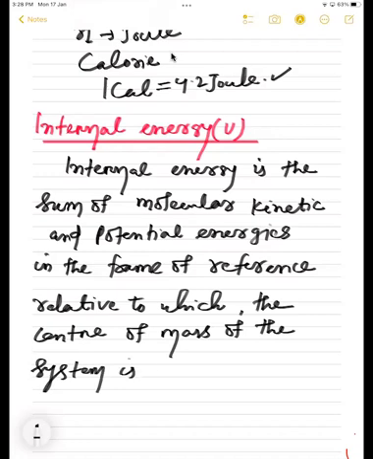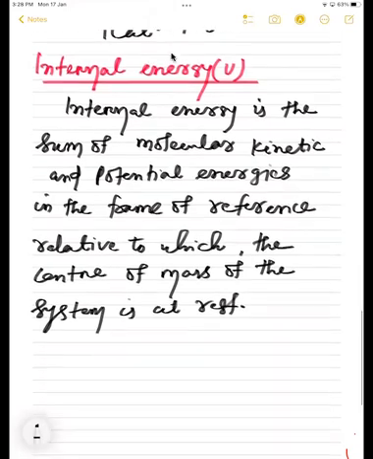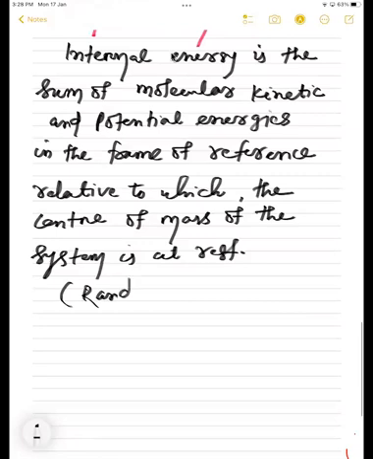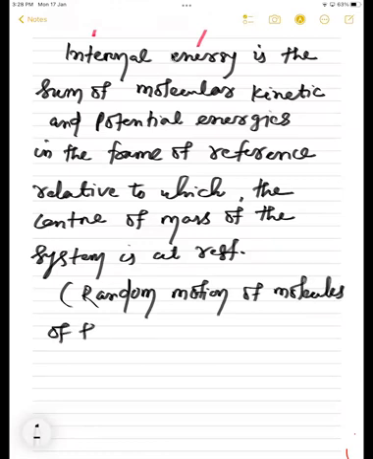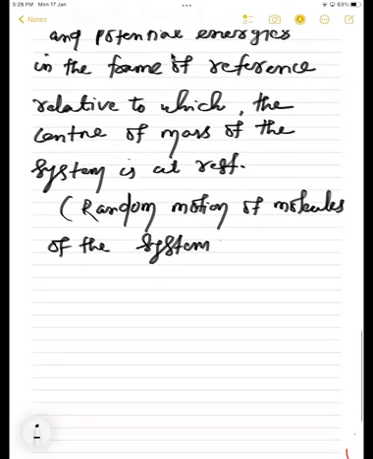It includes only energy associated with the random motion of the molecules of the system. The energy of mechanics is not being considered, only random motion. That means total internal energy U is equal to kinetic energy plus potential energy.